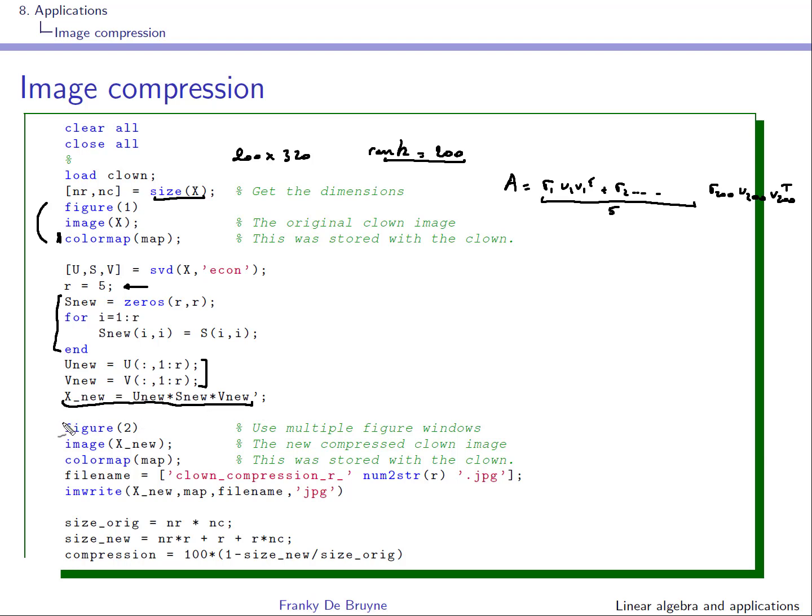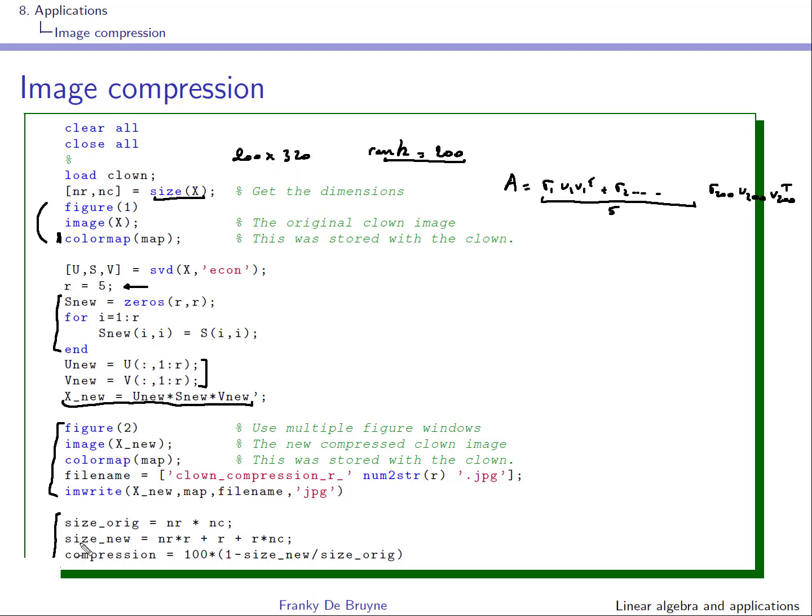And then we can have a look at a picture of the reduced clown, the clown with image compression. You can also compute a compression index. Originally you needed NR times NC elements to store, that's the 200 times 320.